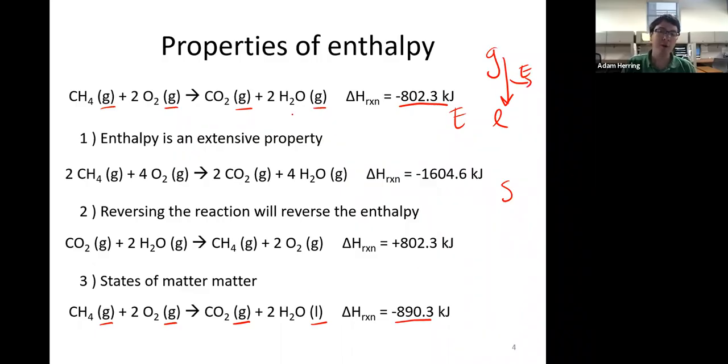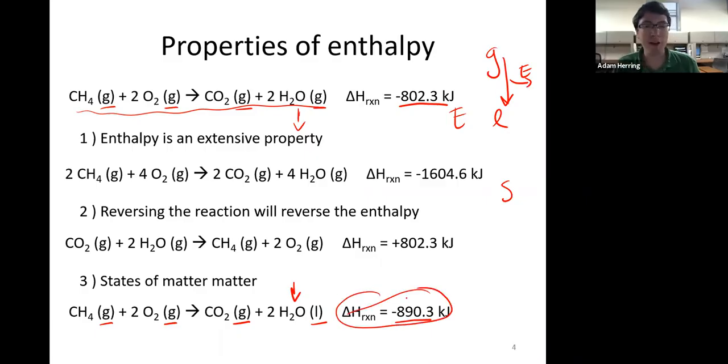Therefore, if we were to take our first reaction and change to get this final reaction, we're taking a gaseous water molecule and converting it to liquid, which must then give off energy. Therefore, the total energy of the reaction is going to be more exothermic than in the original.